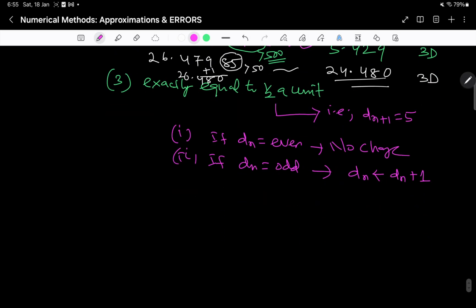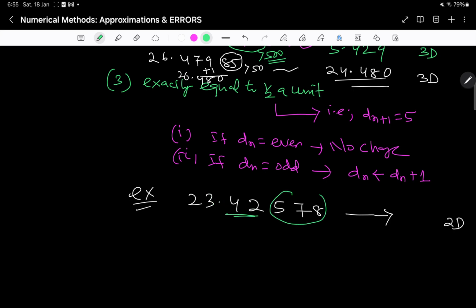For example, suppose you have 23.4257, right? Now suppose I want to keep it up to 2-digit accuracy. I want to remove this part. So I removed it. Now dn plus 1 is exactly 5, but dn is even, so no change, it is 23.42.